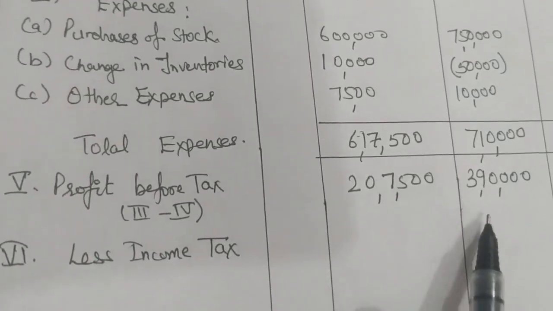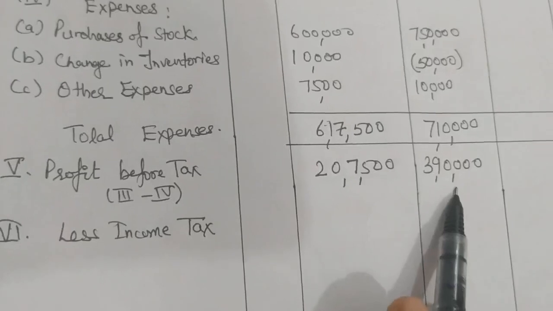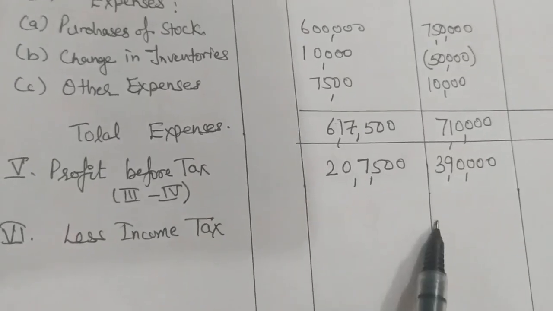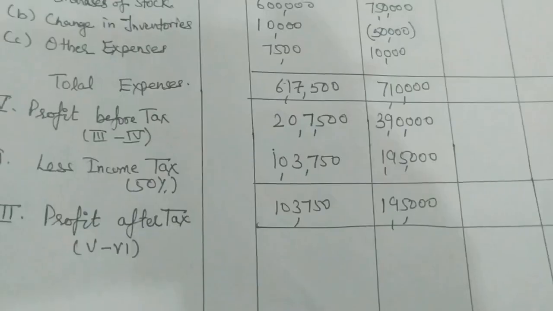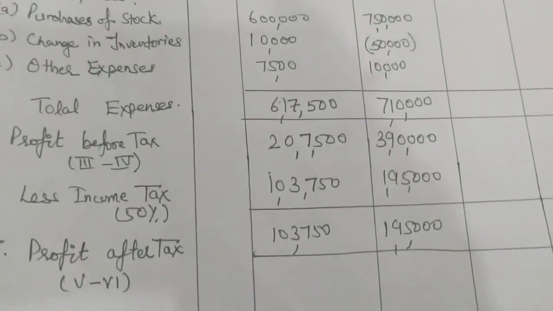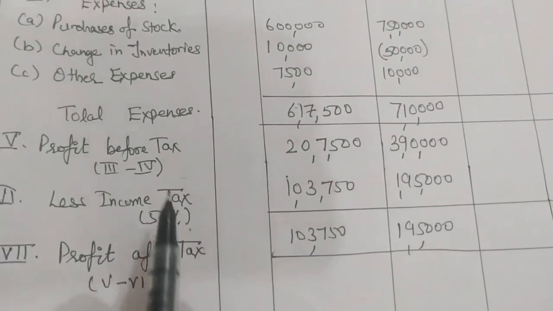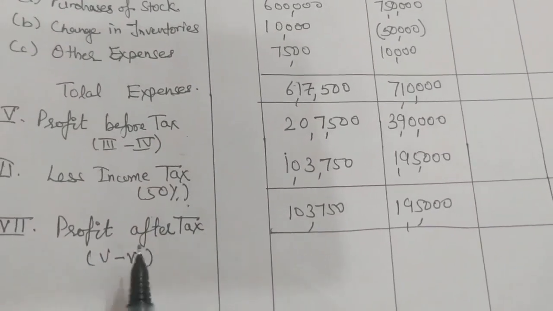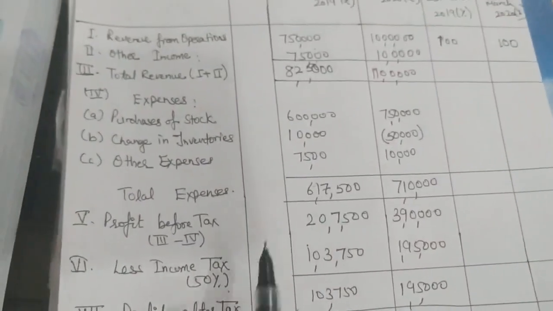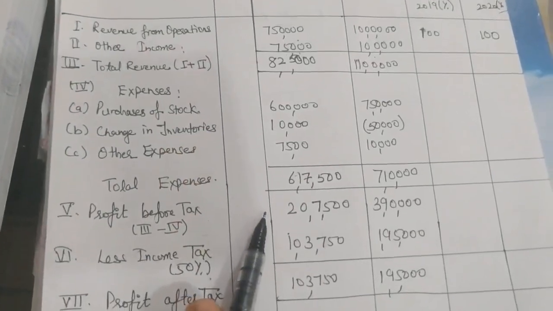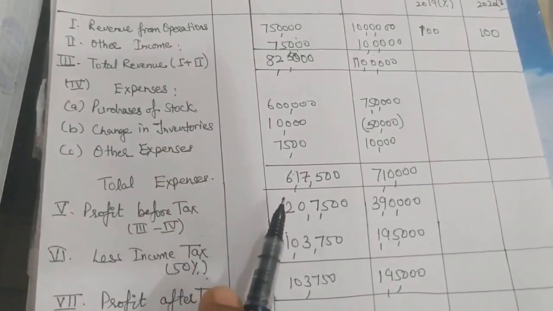And in the similar way, 3,90,000 we will calculate 50%, it will be 1,95,000. So I have deducted the 50% tax from profit before tax and I got profit after tax. So students, this process is similar to what we have done in the comparative profit and loss account.